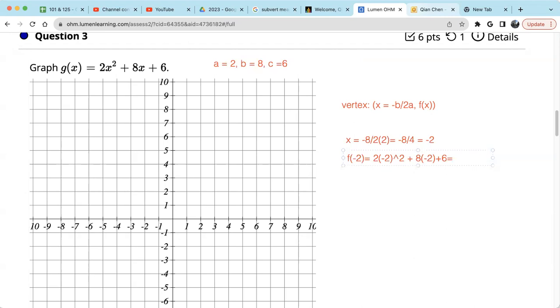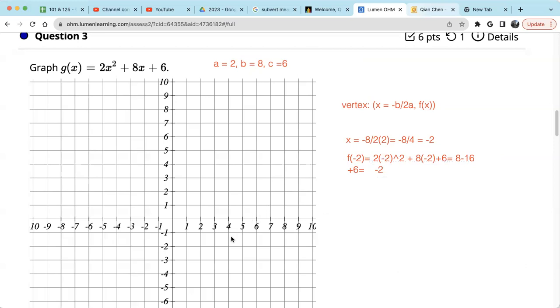Positive 4 times 2, that's 8. Then 8 plus 8 times -2, that's -16, then plus 6. So negative 16 plus 6 is negative 10. 8 minus 10 is negative 2. So we get negative 2, negative 2.